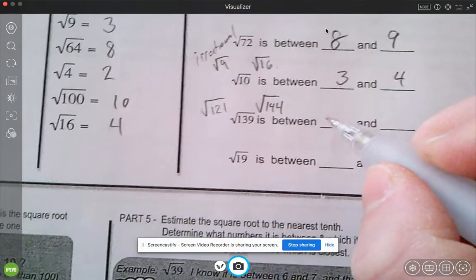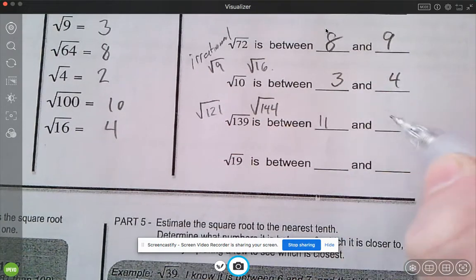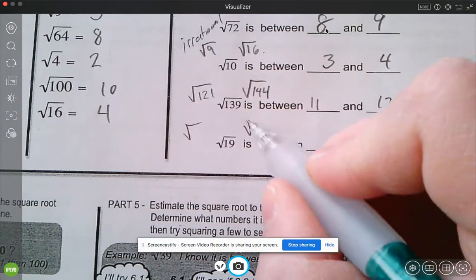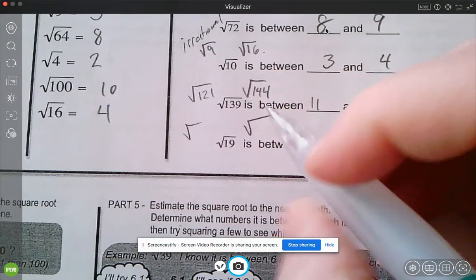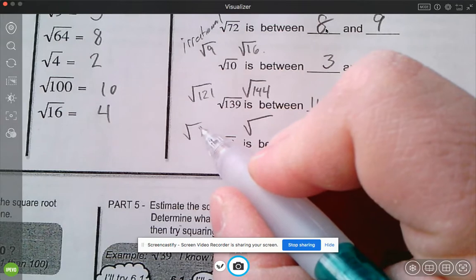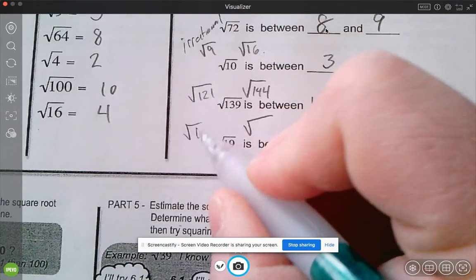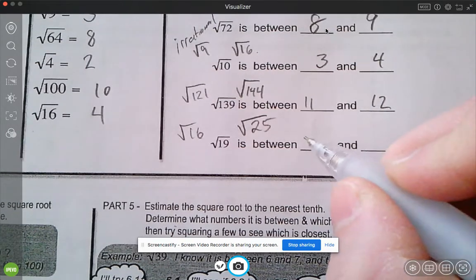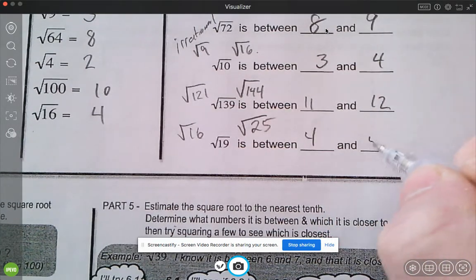So it's between 11 and 12. And then the square root of 19, raise your hand, what two square roots is that between? Yeah, it's definitely between the square root of 16 and 25. So it's between the numbers 4 and 5.